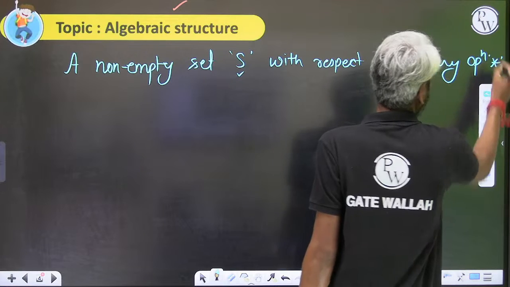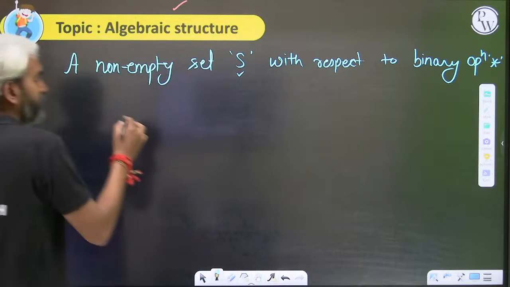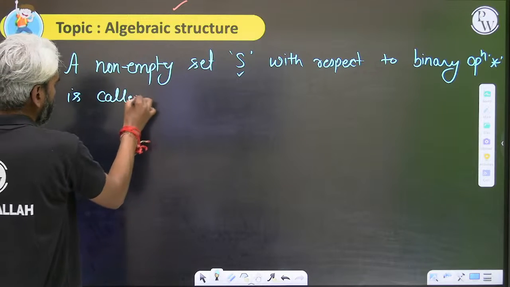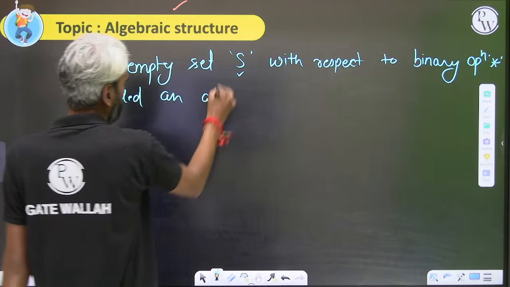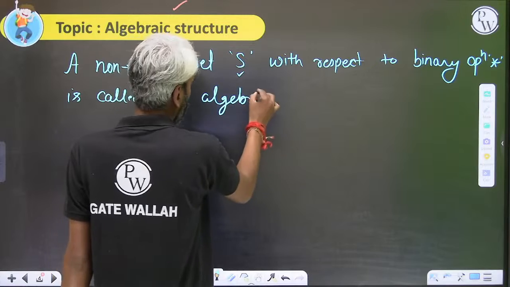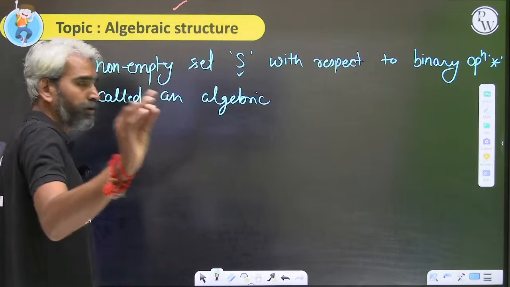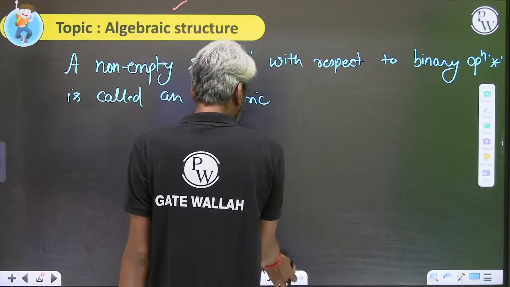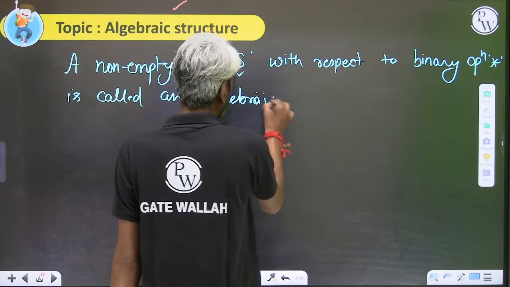It can be any binary operation. A non-empty set S with respect to binary operation asterisk is called an algebraic structure. Simple definitions, only 5 definitions we need to understand, and based on that we will try to solve some questions.